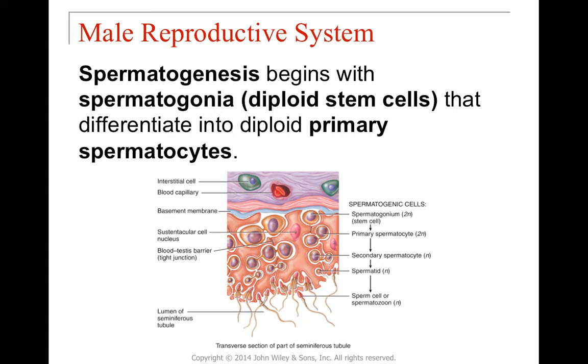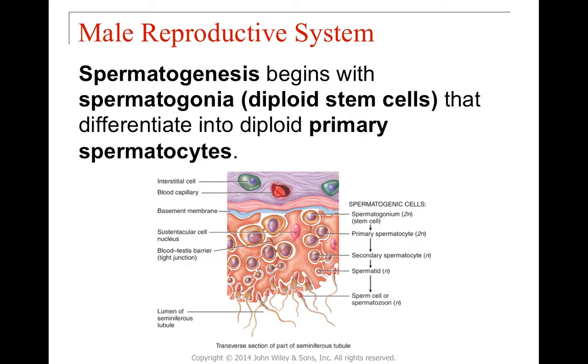Let me take a second to back up because I want you to recognize what this 2N and this 1N is representative of. So when I say diploid, I mean that they have 2 copies of every chromosome in the body. And for humans, that means that we have 23 chromosome pairs. That means we would have 46. But that differs for other organisms. For mice, for example, it's 19 pairs, and so we don't want to go back and forth with the number of chromosomes total.